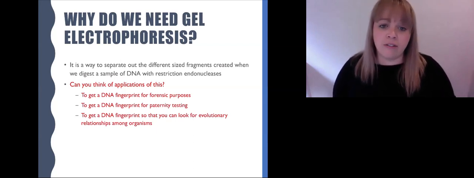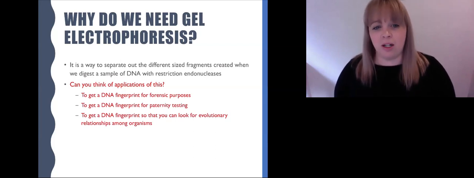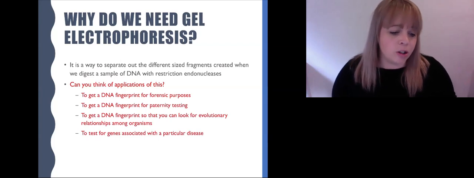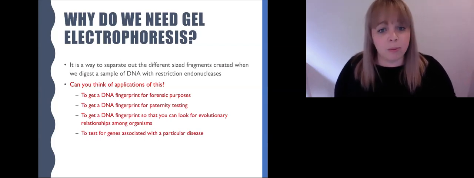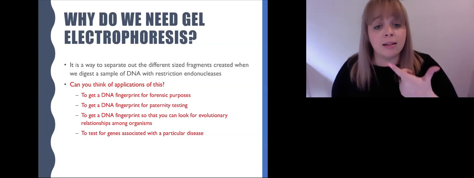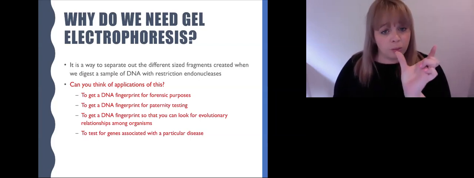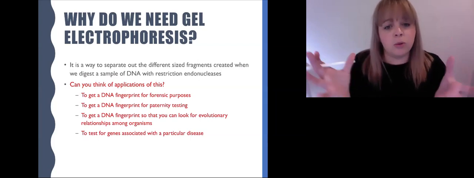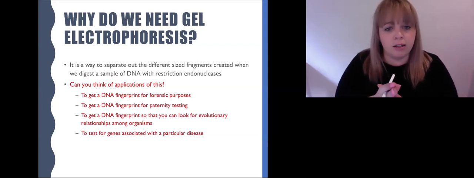You can also look for evolutionary relationships between organisms, depending on how similar two organisms' DNA is. You can also test for genes associated with particular diseases if you know the lengths of DNA that should be coming out from a particular digest, which is DNA mixed with a particular restriction enzyme.